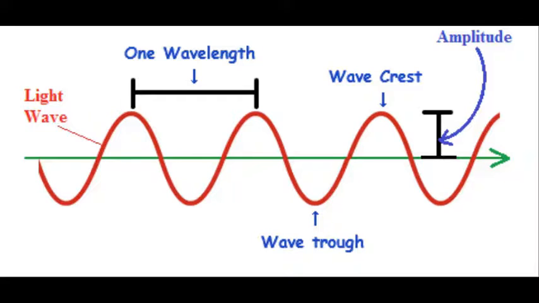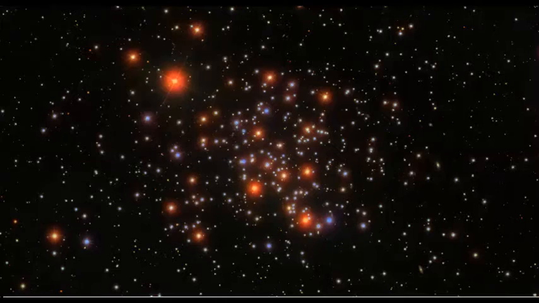So with these two characteristics of light, wavelength and amplitude, we can ask the question, if we look at a star, what is the amplitude of its light at a particular wavelength? A simpler way to ask that question is, how bright is the red light, or the blue light, or the green light, or any other wavelength of light given off by a star?